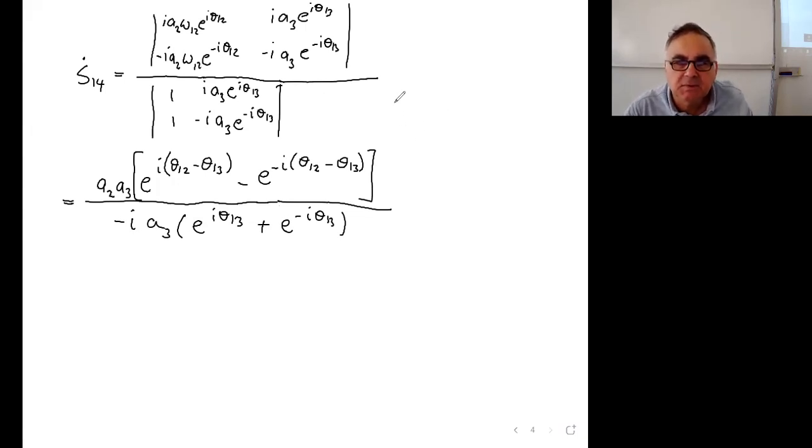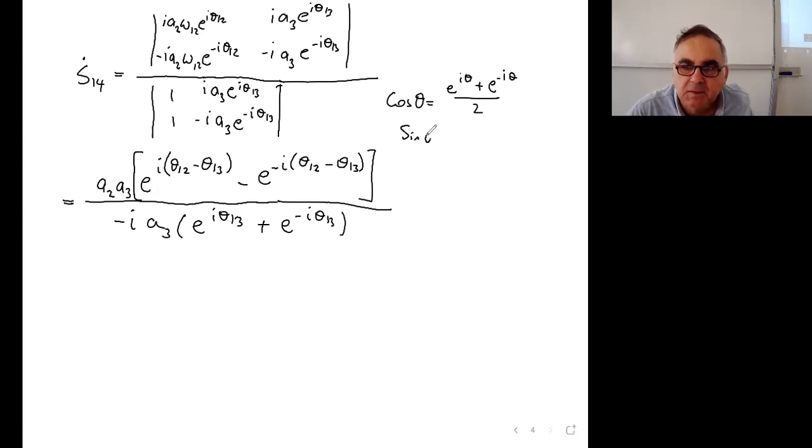What was it? Cosine theta was e to the I theta plus e to the minus I theta over 2. Sine theta was e to the I theta minus e to the minus I theta over 2I. All these can be used here. For example, this looks like a sine term with a minus I here, etc.